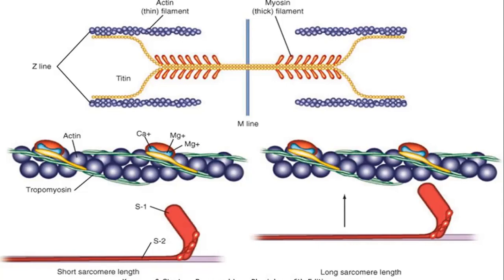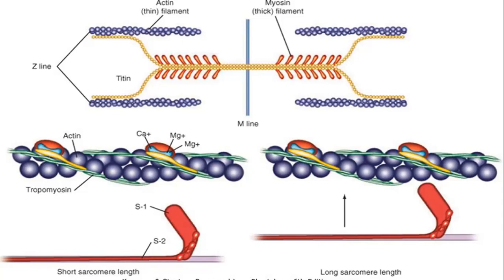Again, another ATP binds with the myosin head. As soon as ATP binds with the myosin head, the myosin head loses its affinity for the active site of the actin filament and gets detached. Again, it breaks down ATP into ADP and Pi and binds with the next active site of the actin filament.